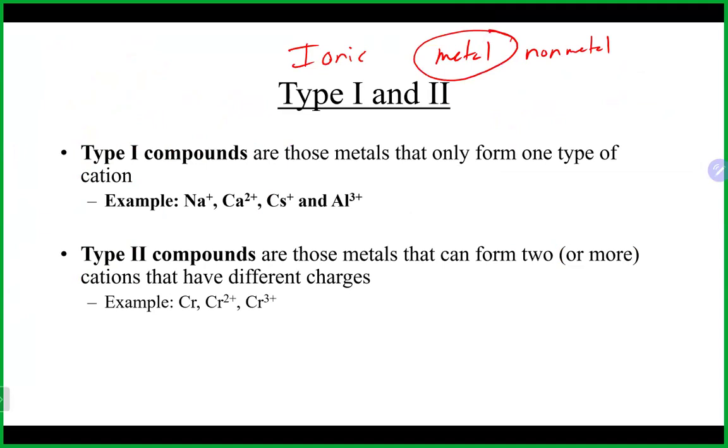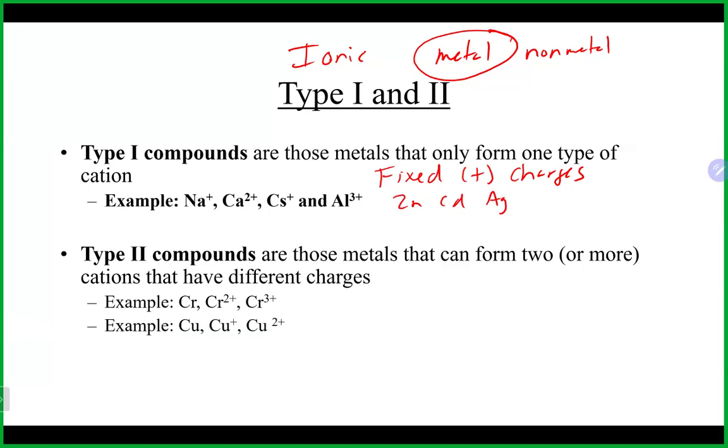A type 1 metal is one that has a fixed positive charge. Those are what we were just talking about: our group 1, 2, 3, our zinc, our cadmium, our silver. All these have fixed charges. That means it's a type 1 compound, and that will have a certain way of naming it, as we'll talk about in just a second.